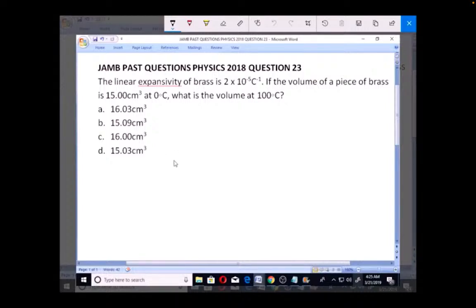Now, for us to be able to appreciate this question, we need to know what the linear expansivity formula states, or what cubic expansivity is. Whenever you're talking about volumes of expansion, we are talking about cubic expansivity or volume expansivity. And what is this expansivity in terms of volume?